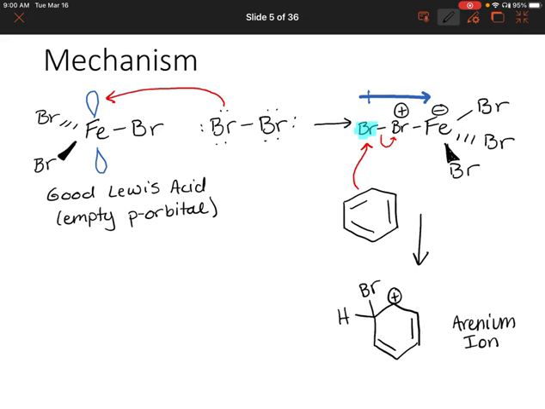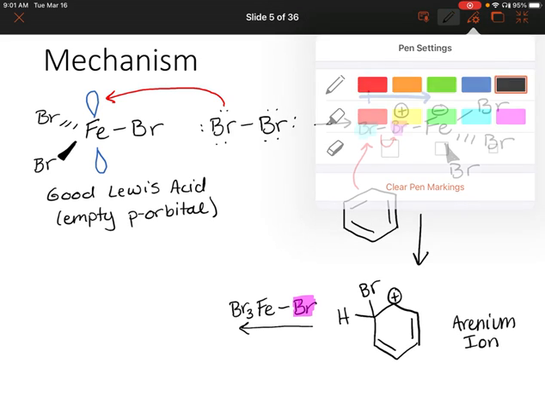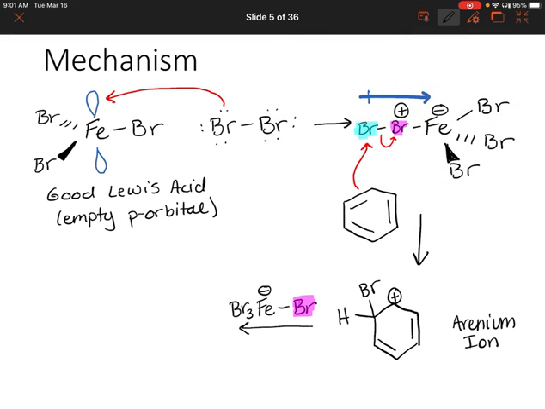Okay, so now that we've lost a bromine from our catalyst, we have FeBr3 plus that extra bromine, and I'll highlight that in purple just so we can keep track of our bromines there. And this is going to act as a base. Oh, I forgot my negative charge on iron.